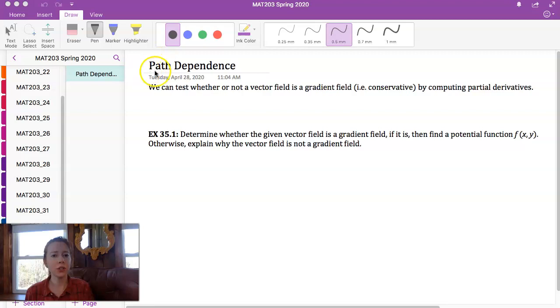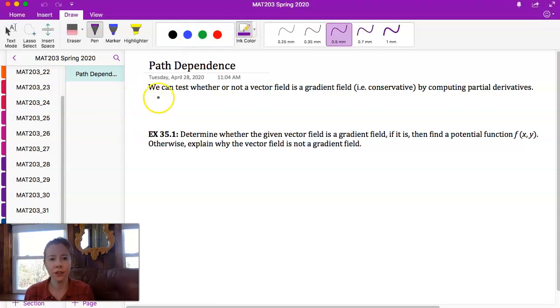Today we have a really short lecture on path dependence and how to tell whether a vector field is a gradient field. We looked at this a little bit last class, but we're going to expand on it today. We can test whether or not a vector field is a gradient field, in other words, conservative, by computing the partial derivatives.